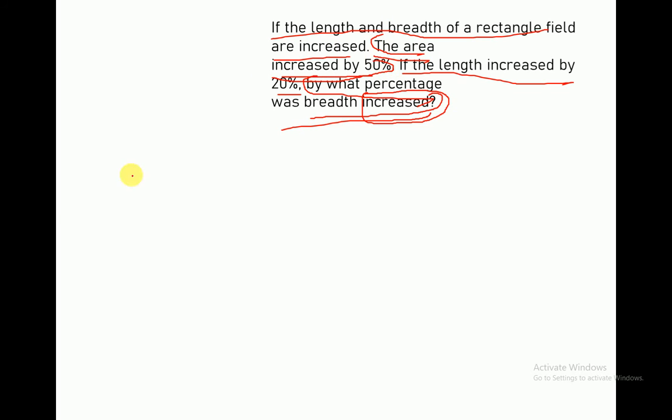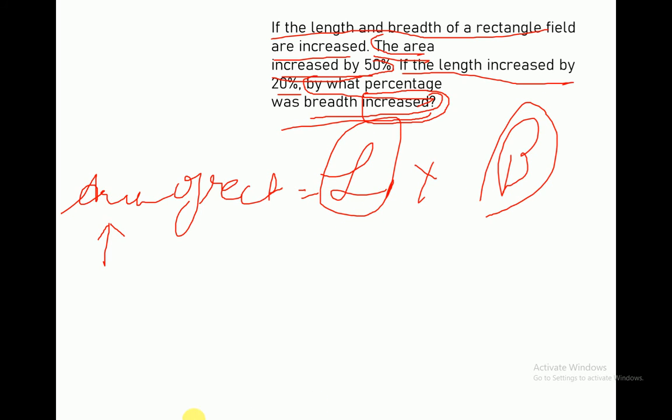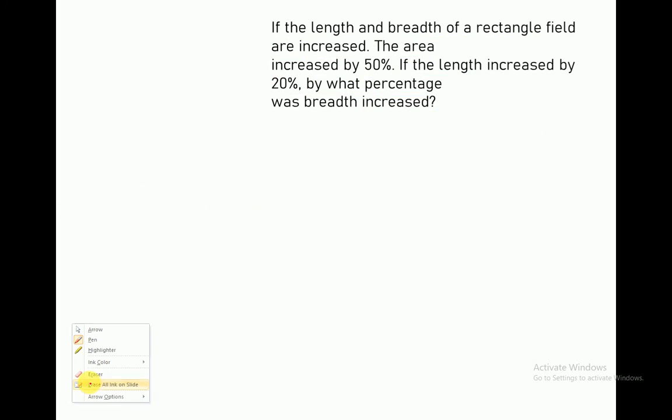The net increase is 50%, because the area of a rectangle is length into breadth. So if the resultant effect is known and one entity is given, you have to find the other entity. So it's very easy, right? The net effect is given as 50%, and that too positive, so I'm not taking any sign over here.